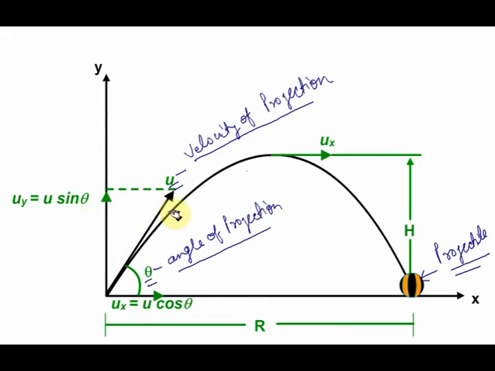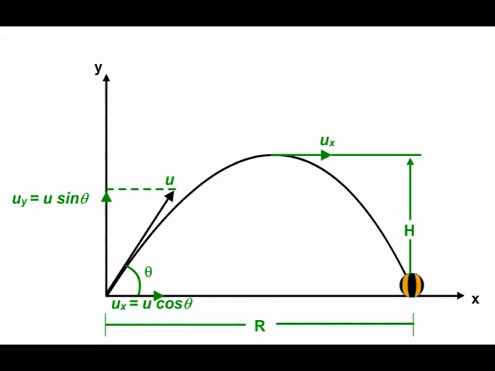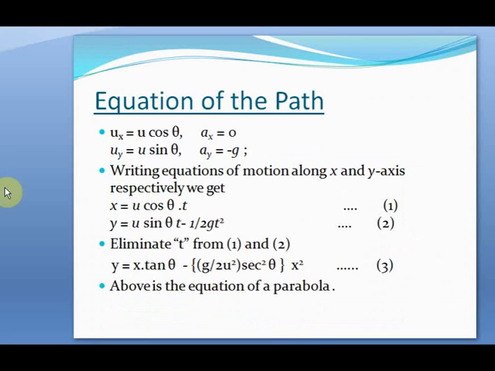So here we can see that we can resolve this velocity vector into two components, one along the horizontal, which we will denote by ux. So ux will be equal to u cos theta, and uy will be equal to u sin theta. Now let's try to find out the equation of the path of projectile.